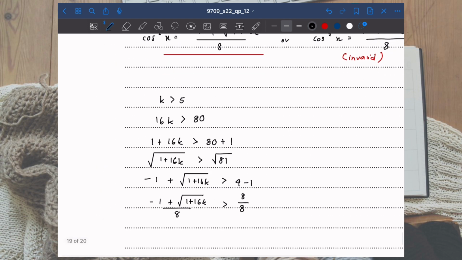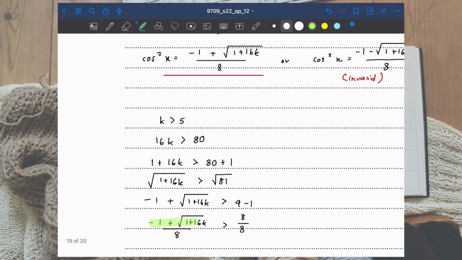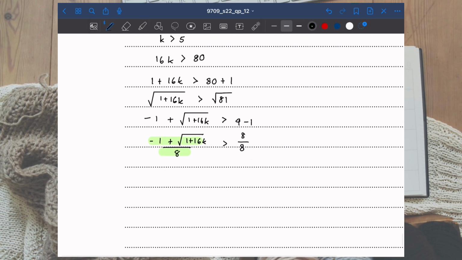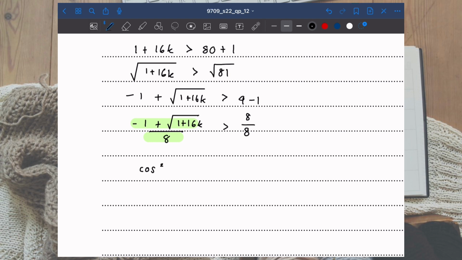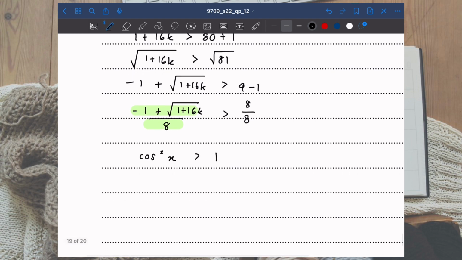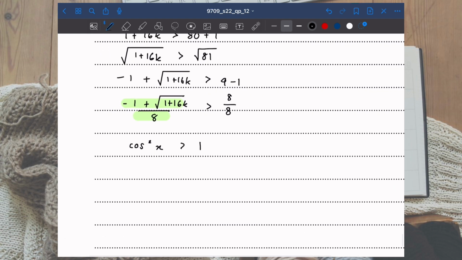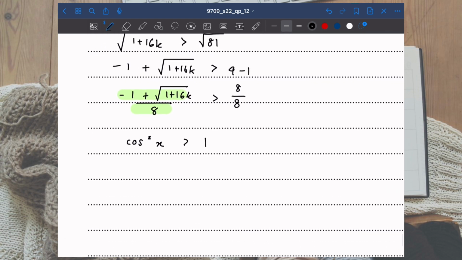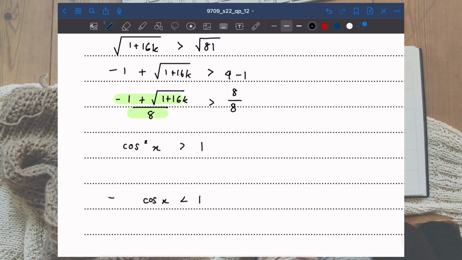So this whole expression here is cos square x. So cos square x is more than 1. So if you remember the original cosine graph, the range of cosine is only between negative 1 and 1.